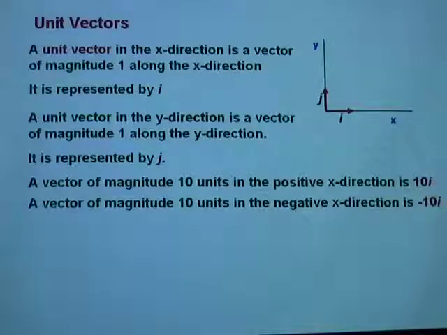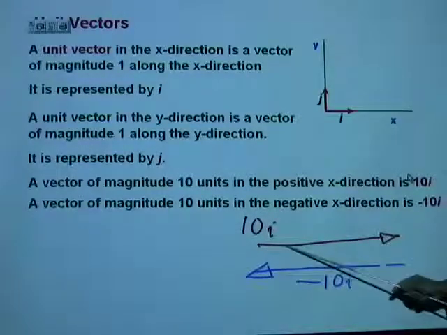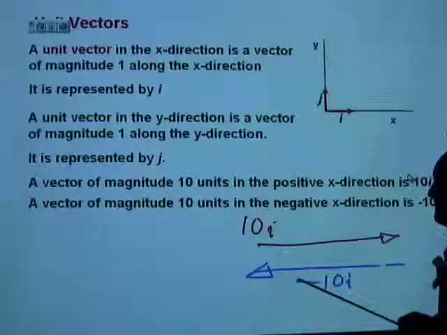Now I think that those numbers have gone off the screen. So what does 10i represent? 10i is a vector of magnitude 10 units in the positive x direction, whereas a vector of magnitude 10 units in the negative x direction is negative 10i. So this is positive 10i, this is negative 10i.